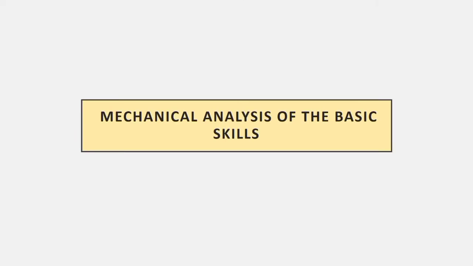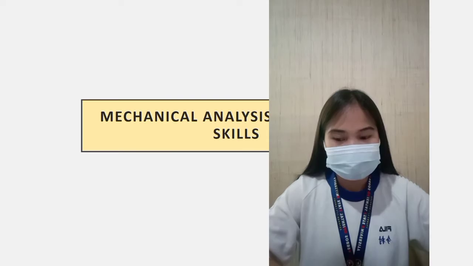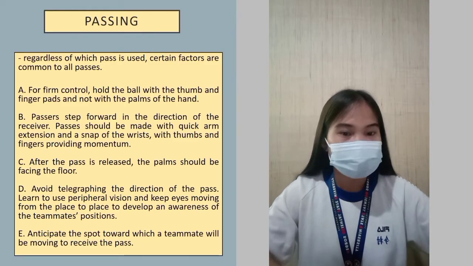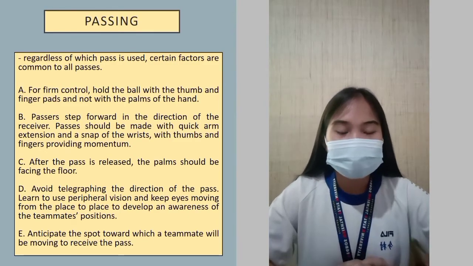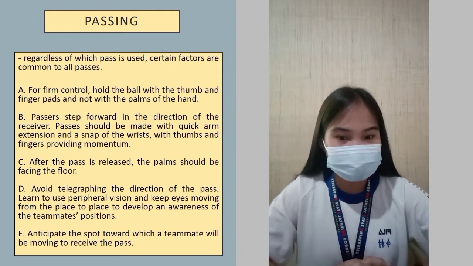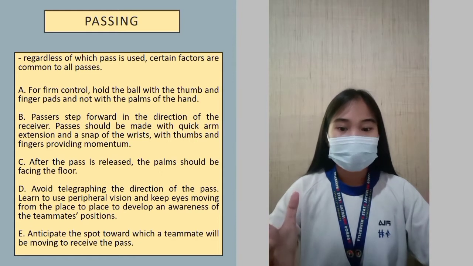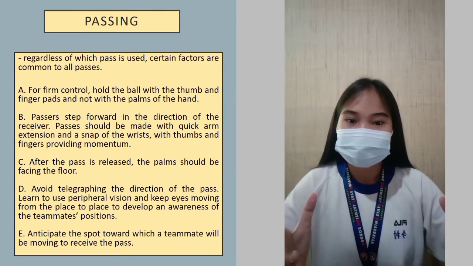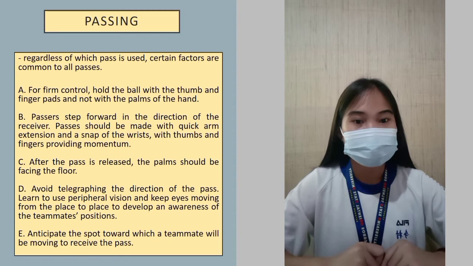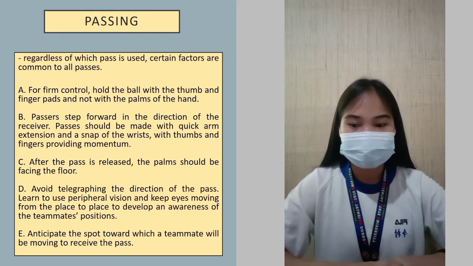Now, I am going to discuss the mechanical analysis of the basic skills. First, we have passing. Regardless of which pass is used, certain factors are common to all passes. Now, how to do passing? In this video, I will also be demonstrating how to pass a ball.